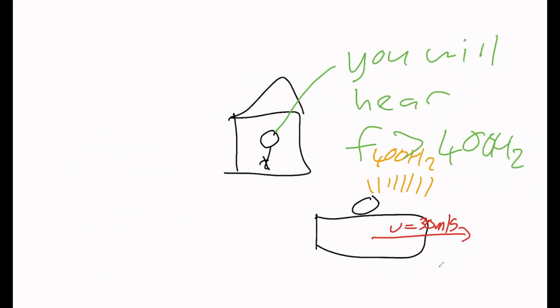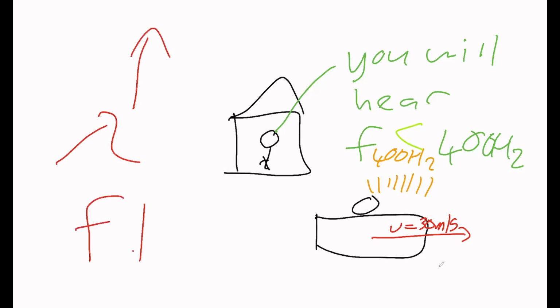And when it's going away from you, you're not going to hear a frequency greater than 400. You're going to hear a frequency less than 400, because now the wavelengths are stretched out. Because the wavelengths are stretched out, the wavelength has increased. So the wavelength has increased, and the frequency that you're going to observe is going to decrease.